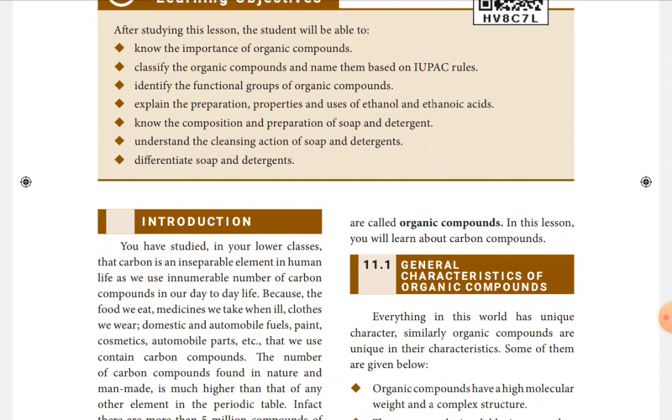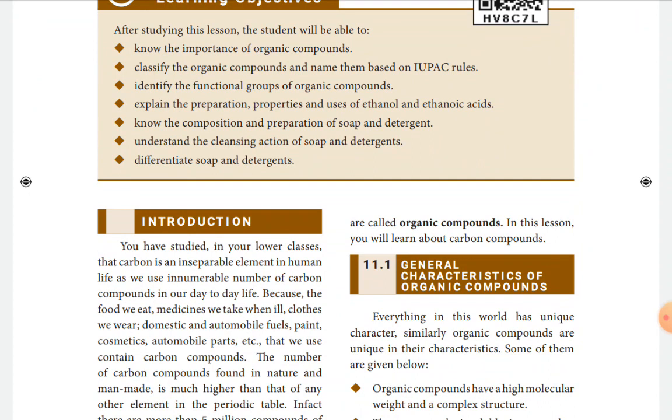So from that it is very clear that all life forms contain carbon. All the living beings, whether an animal or human being or plants, trees, everything contains carbon. So carbon plays a very important role in all living beings. Carbon only develops the life on this earth.